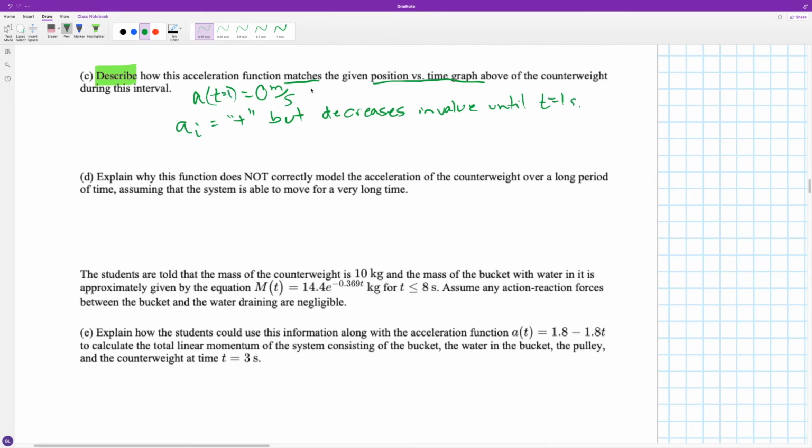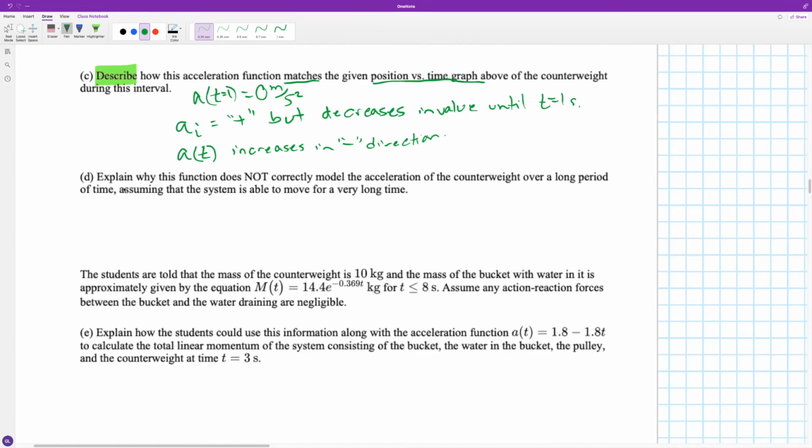Oops, and I'm forgetting units. There we go. Afterwards, the acceleration increases in the negative direction. All right, so that's this question.